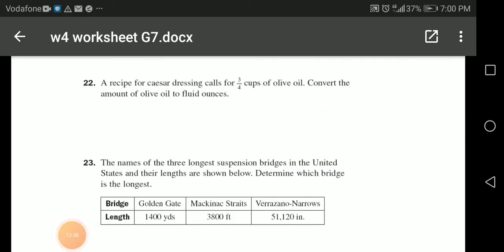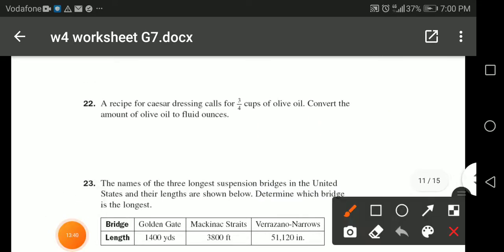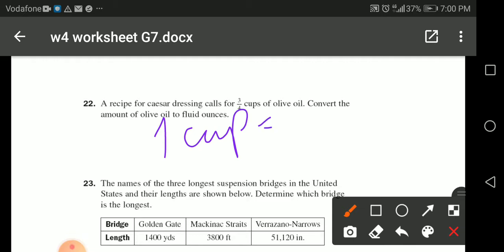So remember, we have taken this in the PowerPoint presentation. 1 cup equals how many ounces? Yes, 8 ounces. And this is the abbreviation: 1 C.